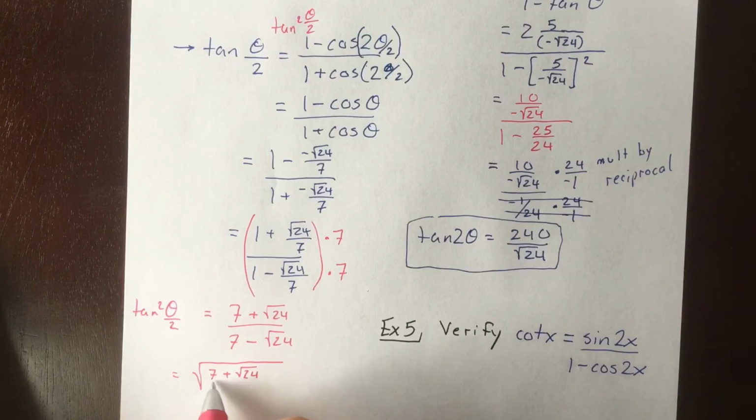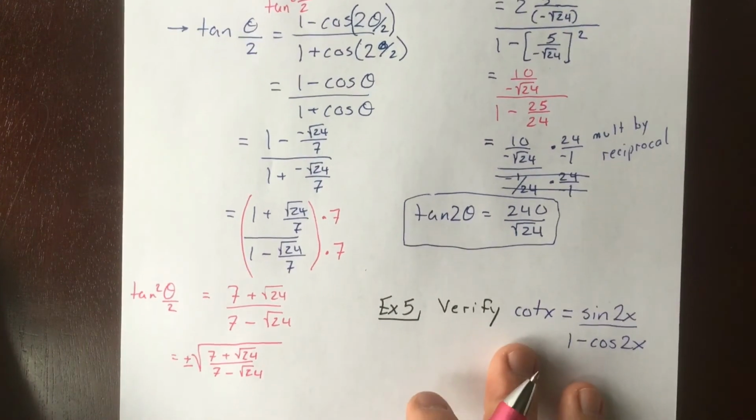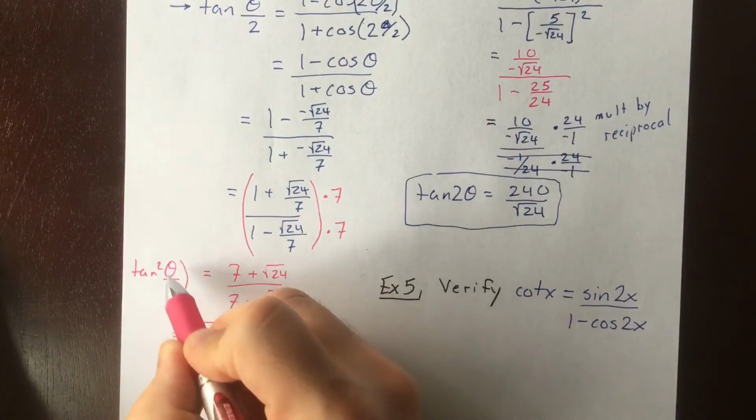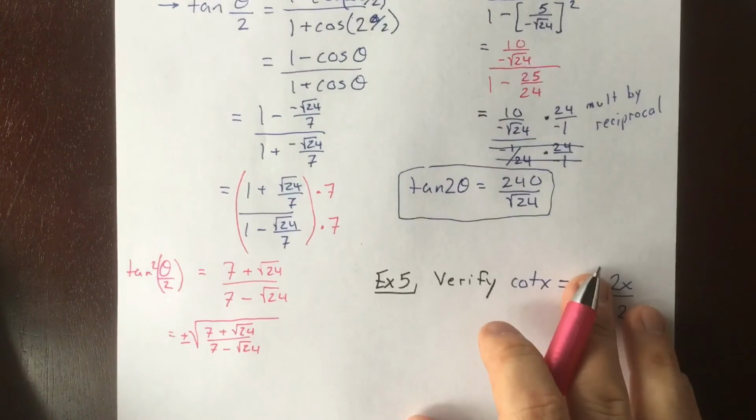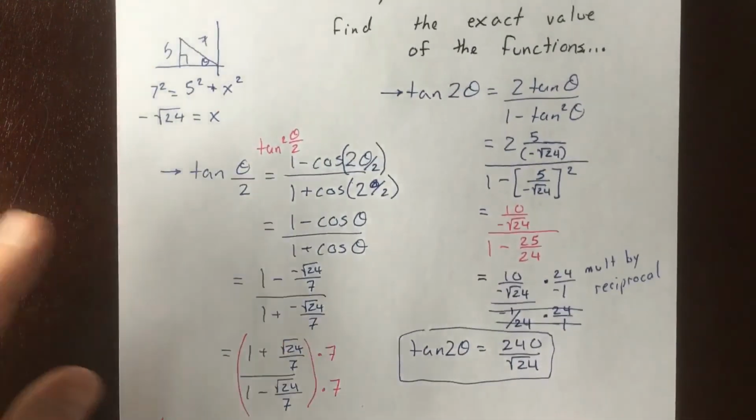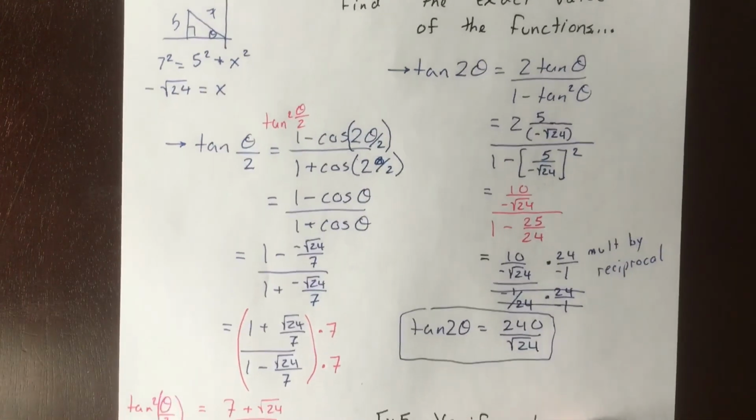But are we positive or are we negative? What quadrant would we be in? So theta, originally, we can back up, is in the second quadrant.